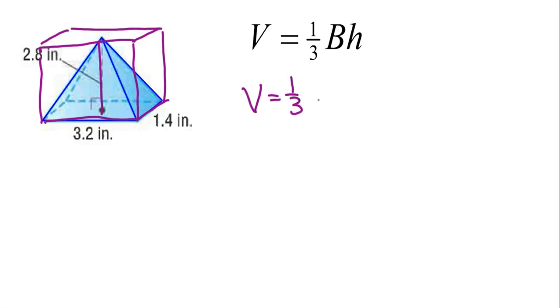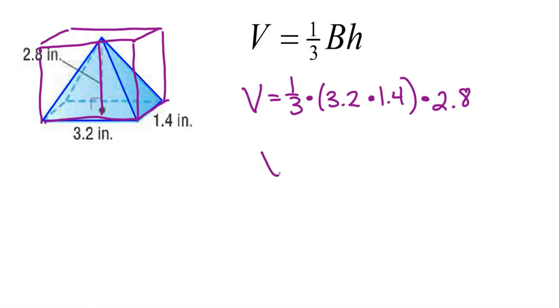So we're going to do 1/3 times the area of the base, which is 3.2 times 1.4, and we're going to multiply that by the height of the pyramid, 2.8. So here, this is how I would set that up: 1/3 of 3.2 times 1.4 times 2.8.